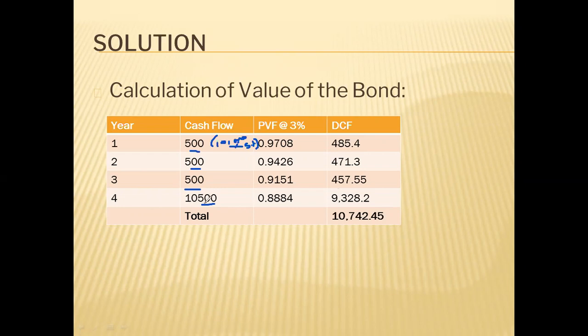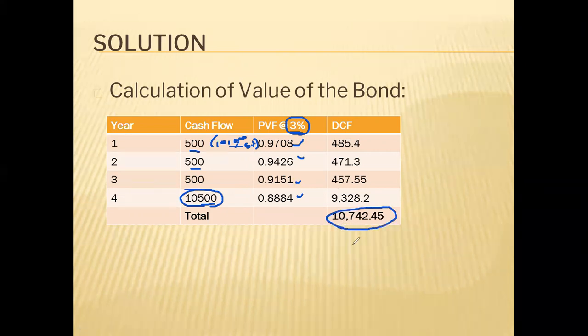So we have made the last period cash flow 10,500. The discounting factor you can calculate using 3%: 3 divided by 100 plus 1, divided by, equal to. So you can calculate it for 4 periods. Multiply the cash flow by the present value factor, and you will get the value of the bond, the intrinsic or correct value of the bond. So it is the same illustration, in the semi-annual case.